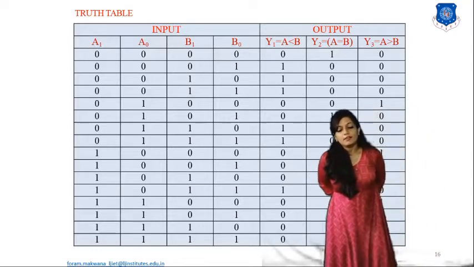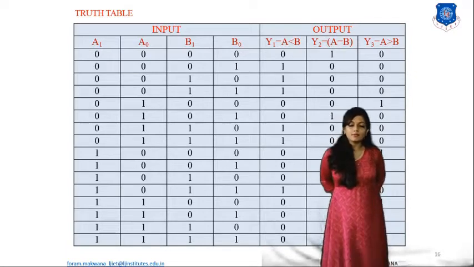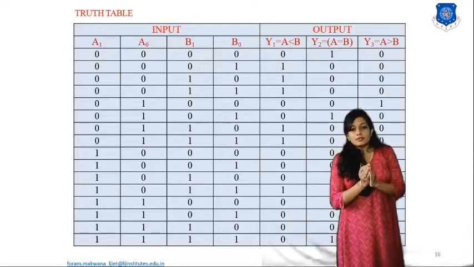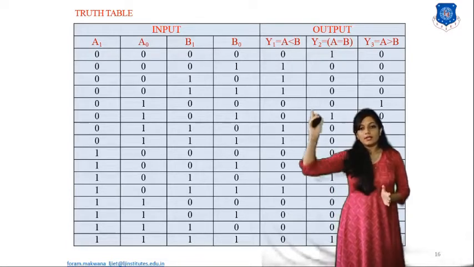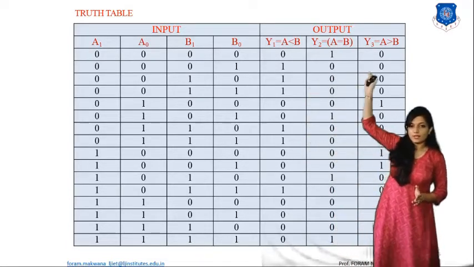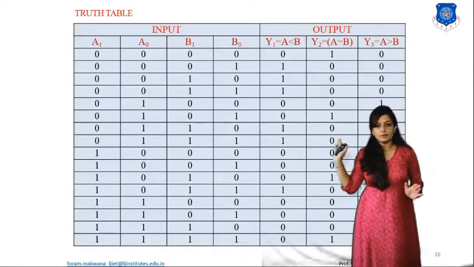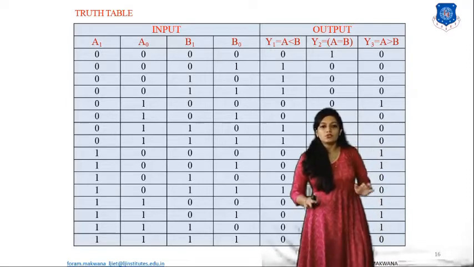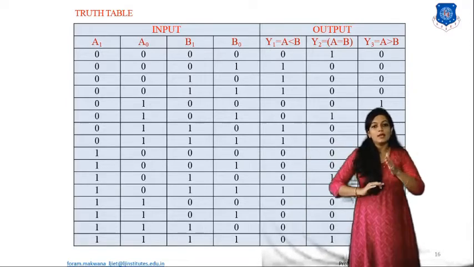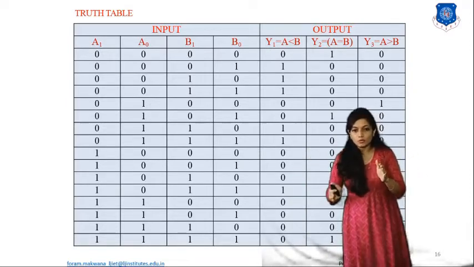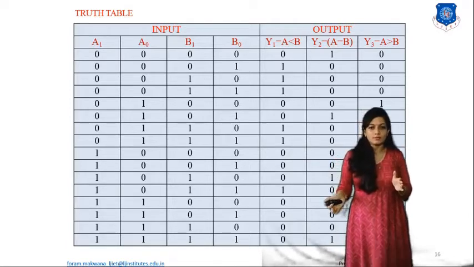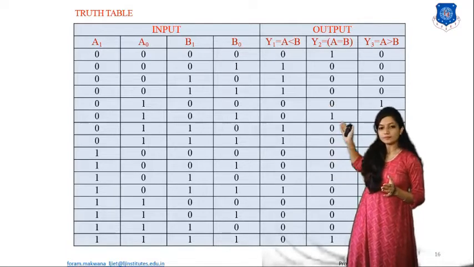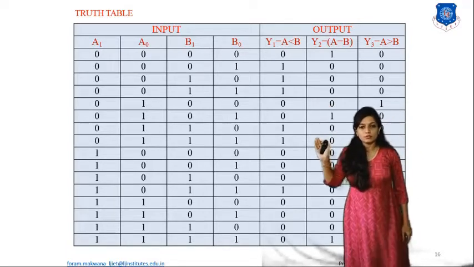And directly, if A1 is greater than B1, then this output, A greater than B, directly becomes 1. For that case we don't need to check whether A0 is less than B0, equal to B0 or greater than B0. This is the way to write the output in this truth table.